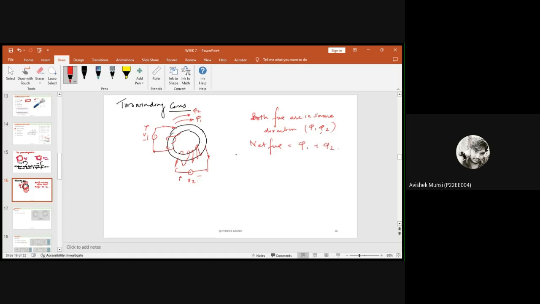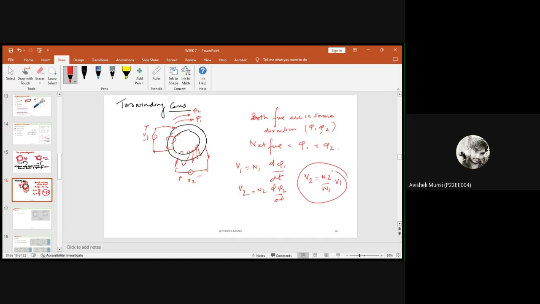Okay. We know that V1 will be N1 d phi 1 by dt, and V2 will be N2 d phi 2 by dt. So basically V2 will be N2 by N1 times V1, if phi 1 equals phi 2.